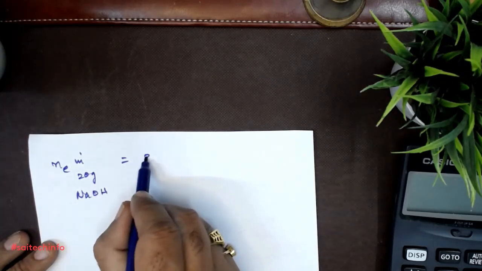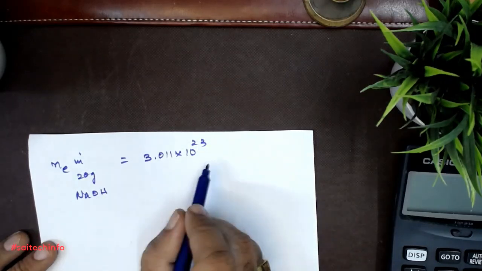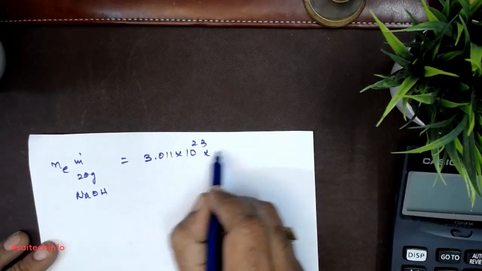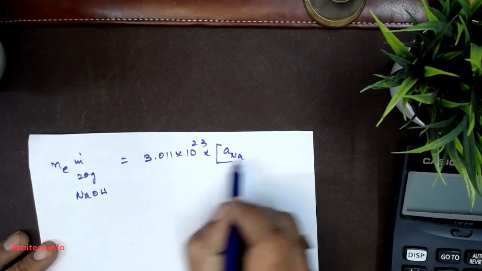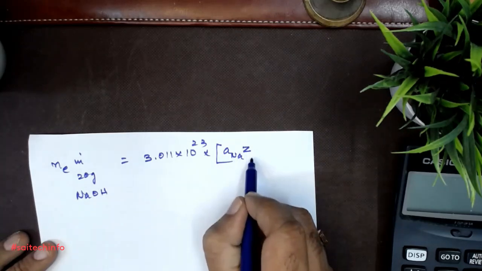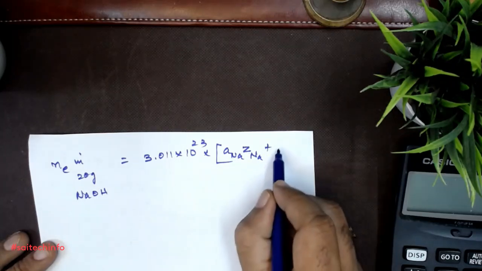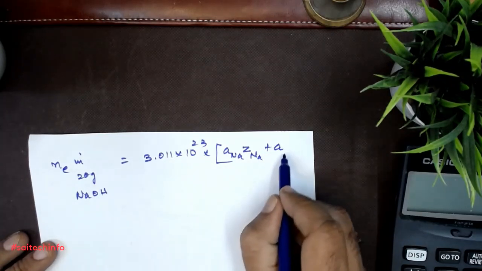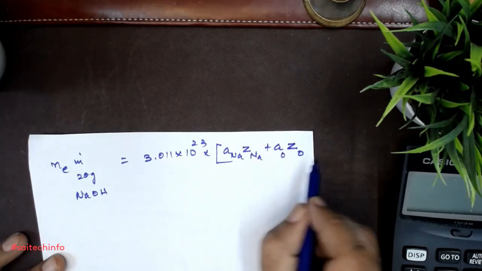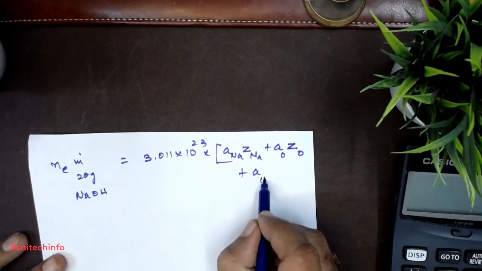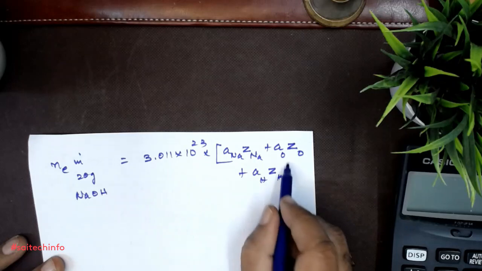You have 3.011 into 10 power 23 into, open the bracket, atomicity of sodium into atomic number of sodium, plus atomicity of oxygen into atomic number of oxygen, plus atomicity of hydrogen into atomic number of hydrogen, close the bracket.